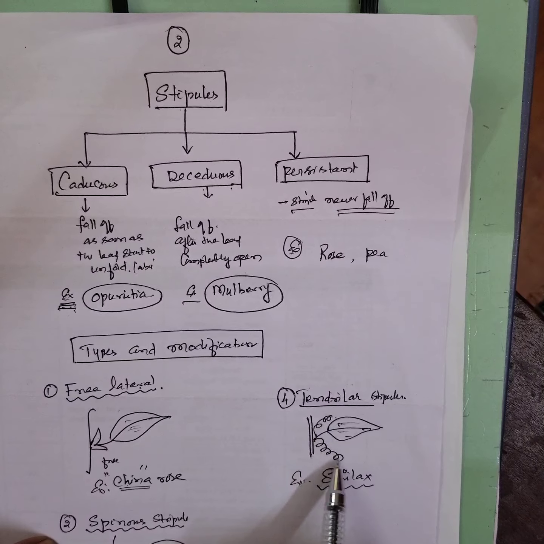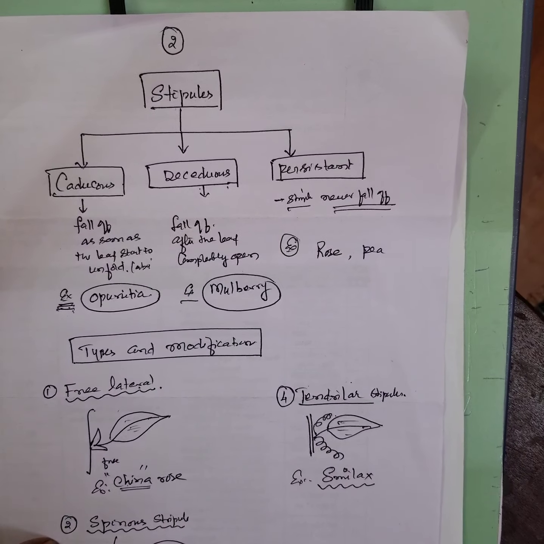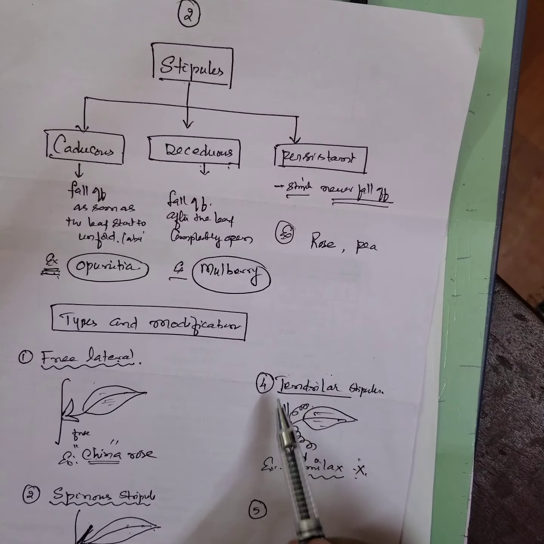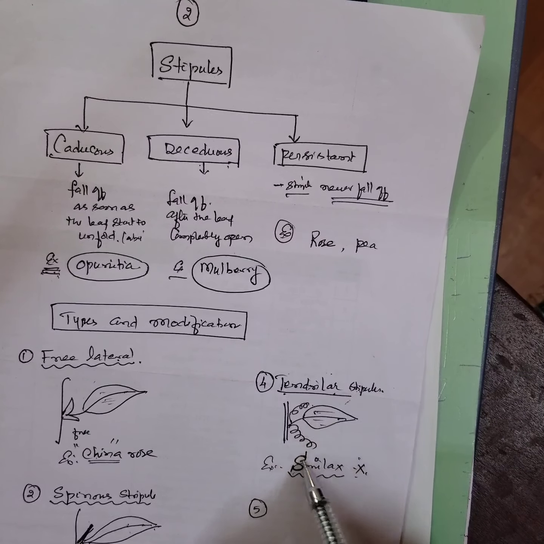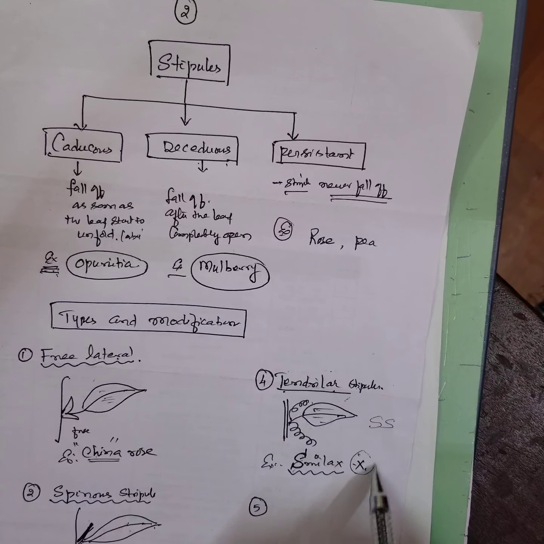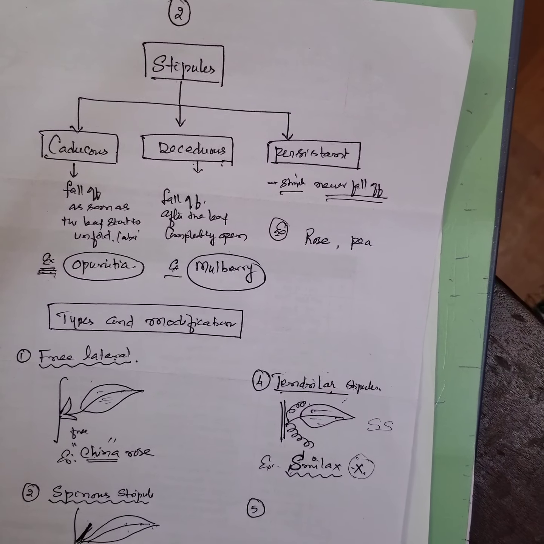You should see, it is like a spring, like a solenoid, whatever it is. It is a spring. See, easy to remember. Tendril stipules. Remember SS. Tendril stipules, SS. Smilax, several times they will ask this. Therefore, remember SS, you will remember this.